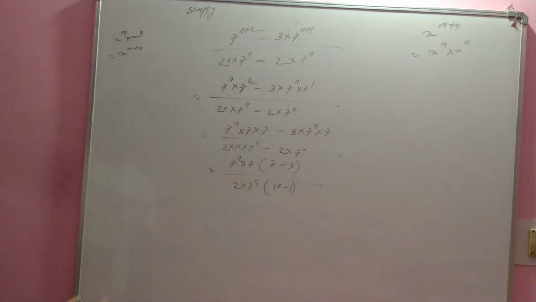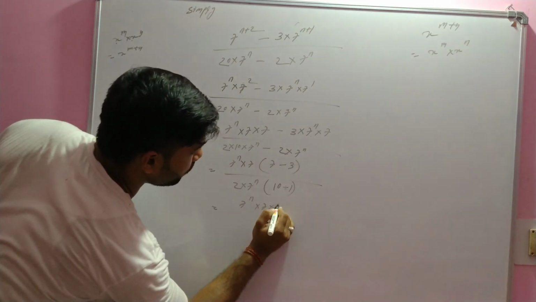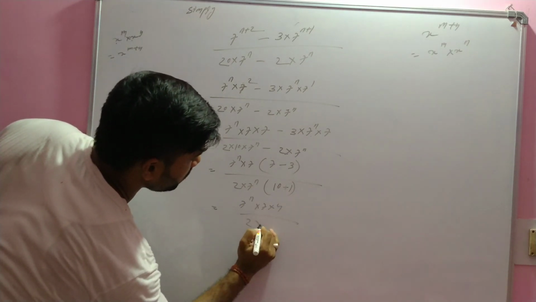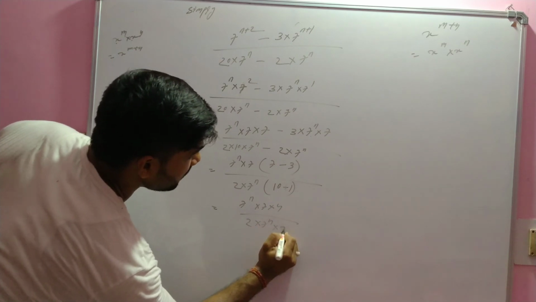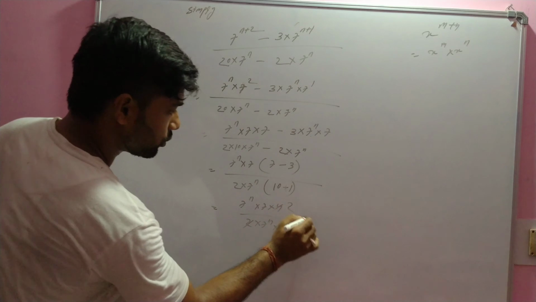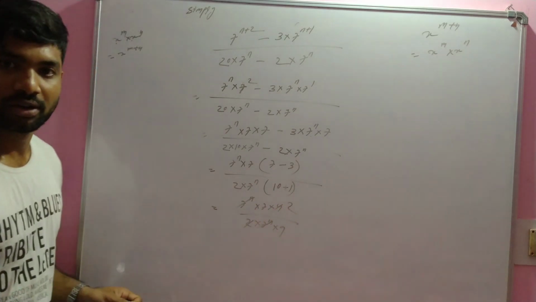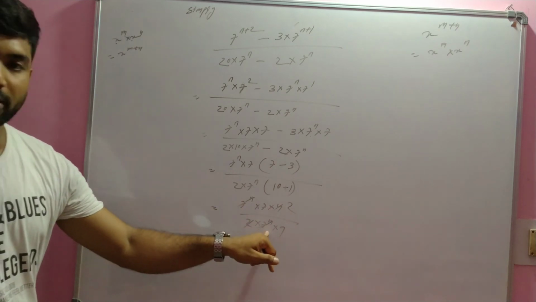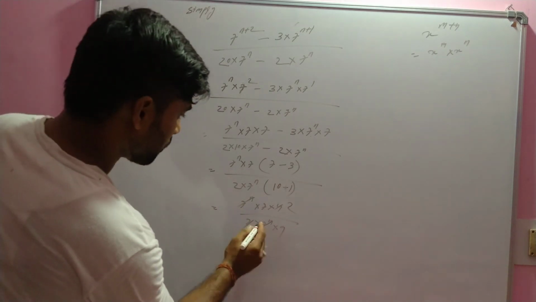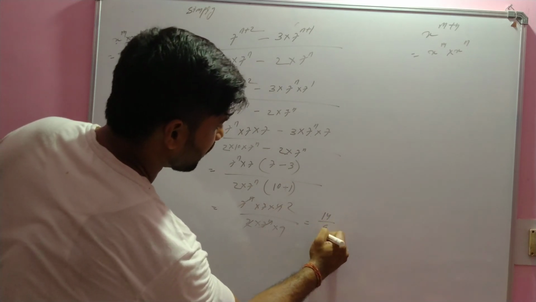Adi understood? So 7 to the power n into 7 will be 4 by 2 into 7 to the power n into 9. 7 to the power n, 7 to the power n cancel. Then 14 by 9 is your answer.